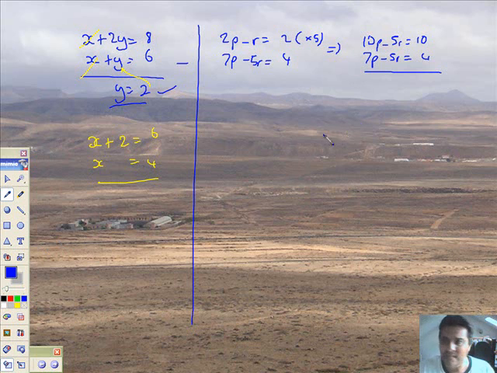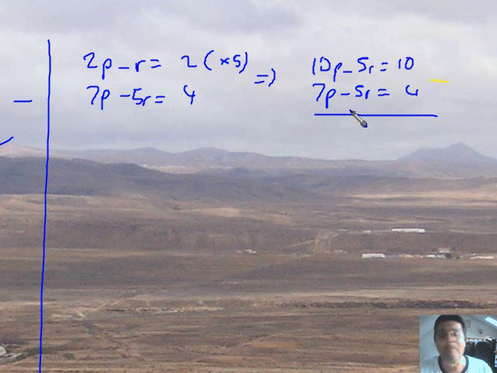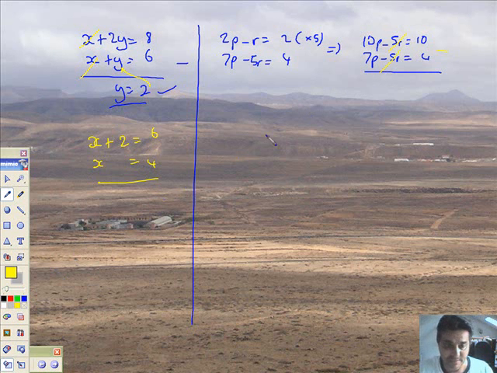Again, we need to eliminate by addition. Look very carefully. Minus 5r and minus 5r. So if you read it carefully, we go minus 5r plus 5r, eliminated.